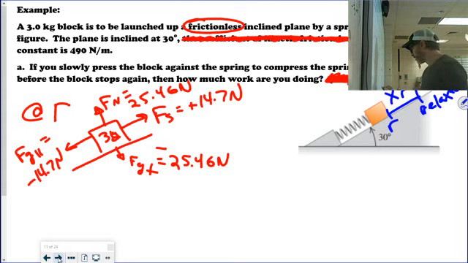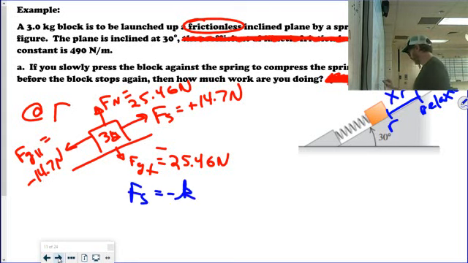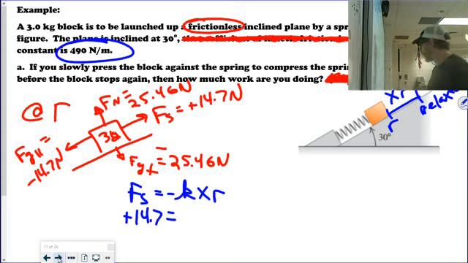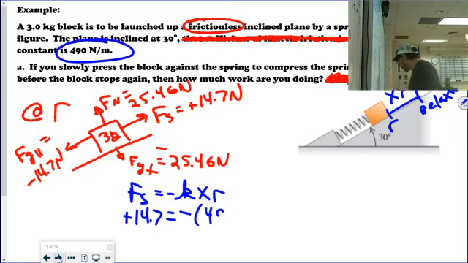So let's see. Force of spring is negative K times XR. Our force of the spring is positive 14.7. Our spring constant is 490, I'm being sloppy about units, newtons per meter, times XR.